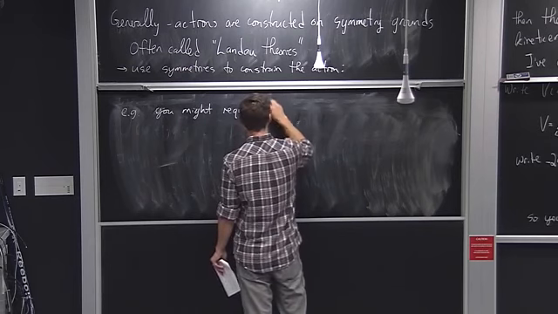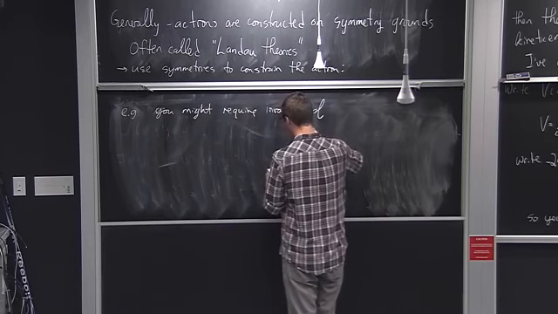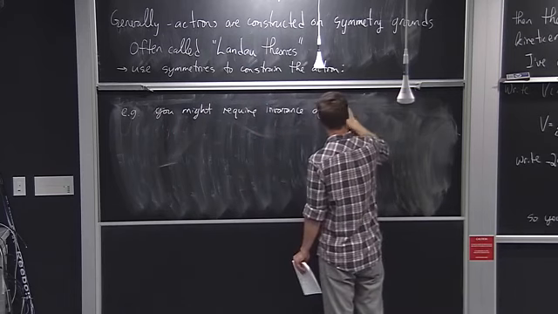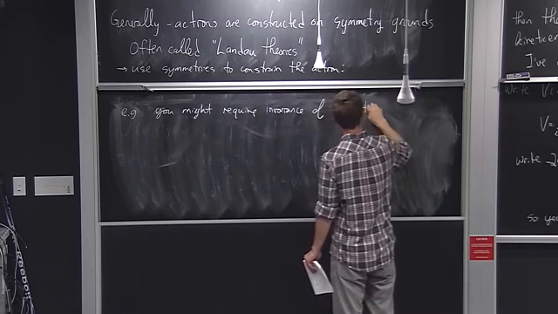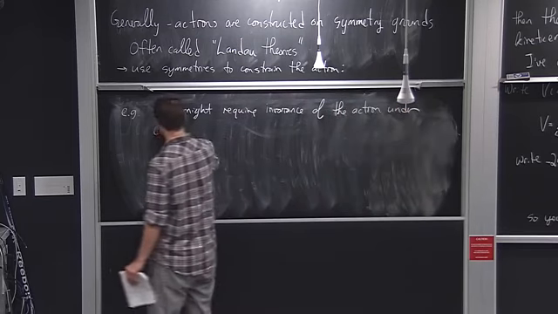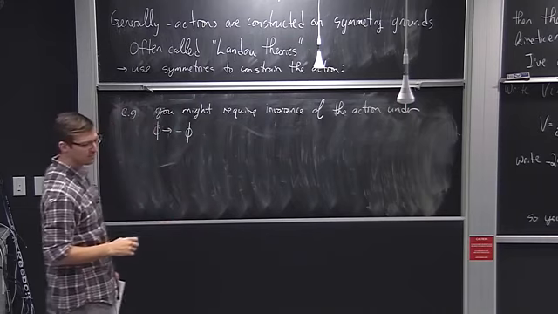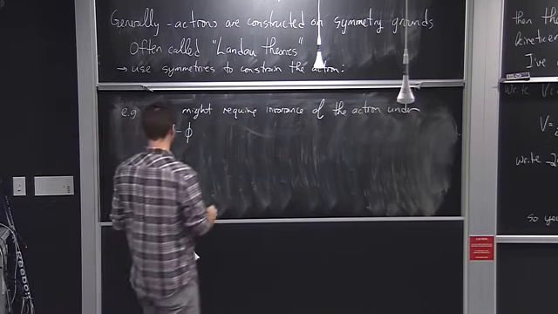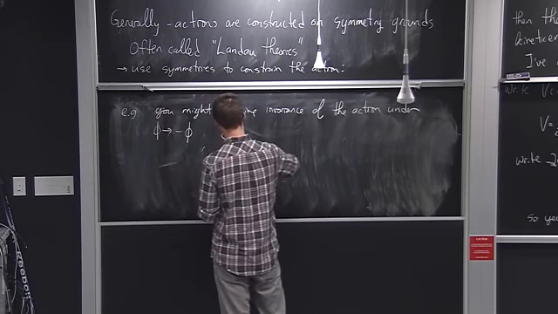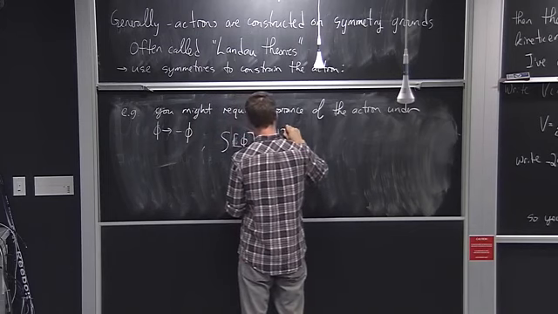So if you require invariance of the action under phi going to minus phi, then you can just write this thing like this.